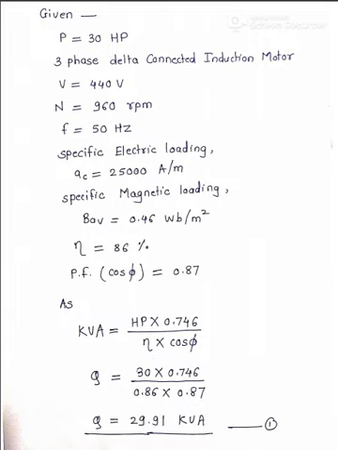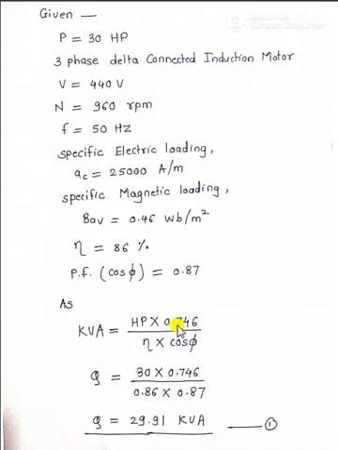For the kVA, that is the Q value, we can take this equation: kVA is equal to HP into 0.746 divided by efficiency into cos phi. Now here power is given in terms of HP, not in kilowatt, so convert that power into kilowatt.